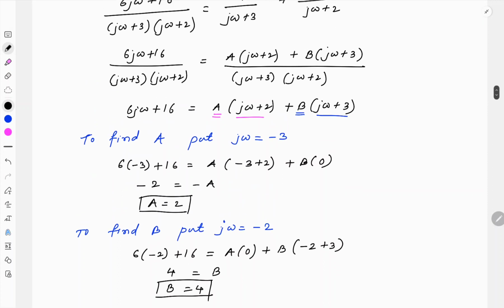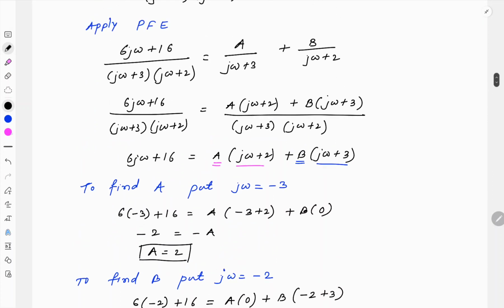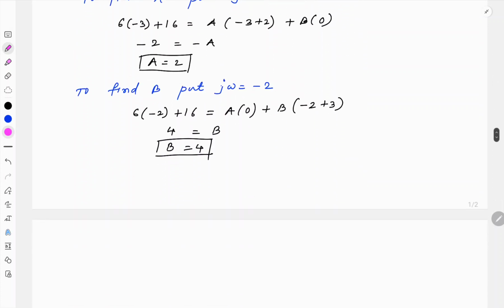Now if we check the partial fraction equation, our X of ω will be equal to A upon jω plus 3 plus B upon jω plus 2.